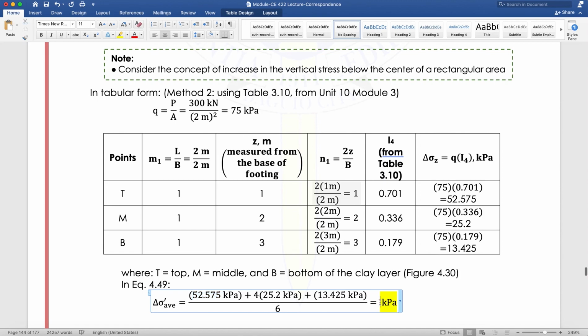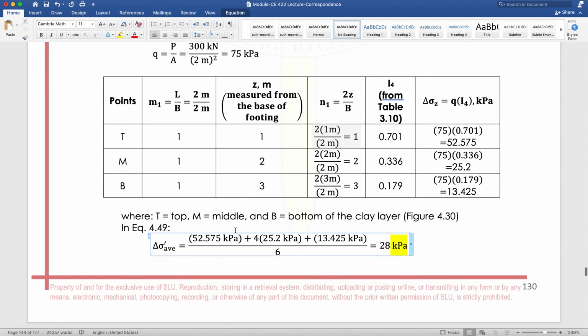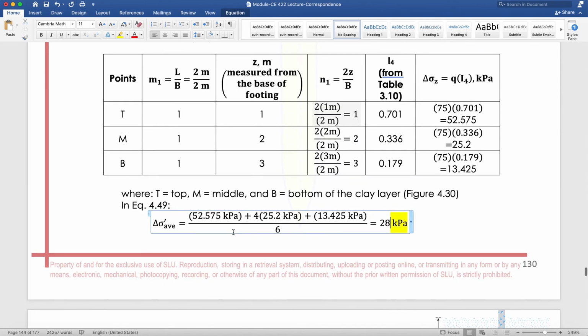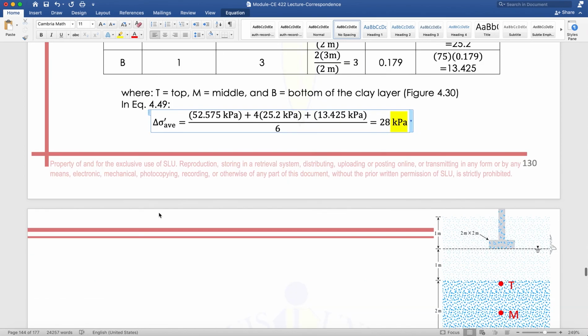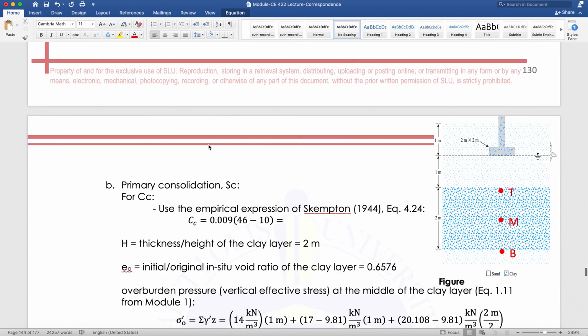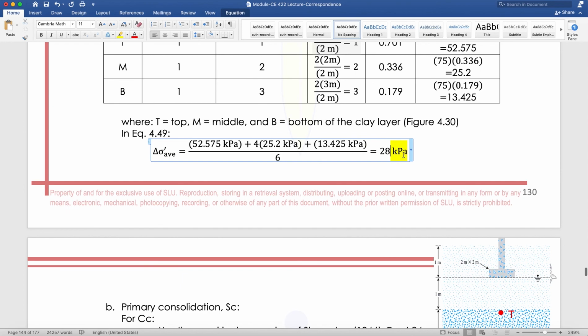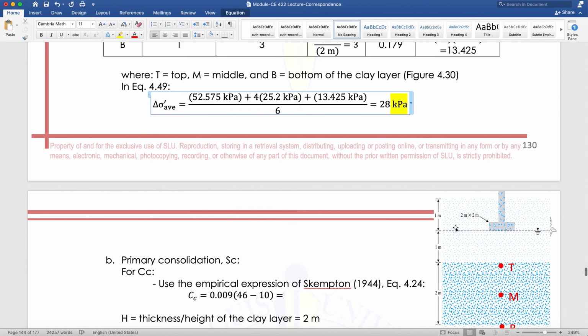Therefore, delta sigma average prime is equivalent to 28 kilopascals. Okay, so we can now replace our footing up here with a uniformly distributed load, which is equivalent to 28 kilopascals. So we replace this footing and make it a 28 kilopascals uniformly distributed load here.